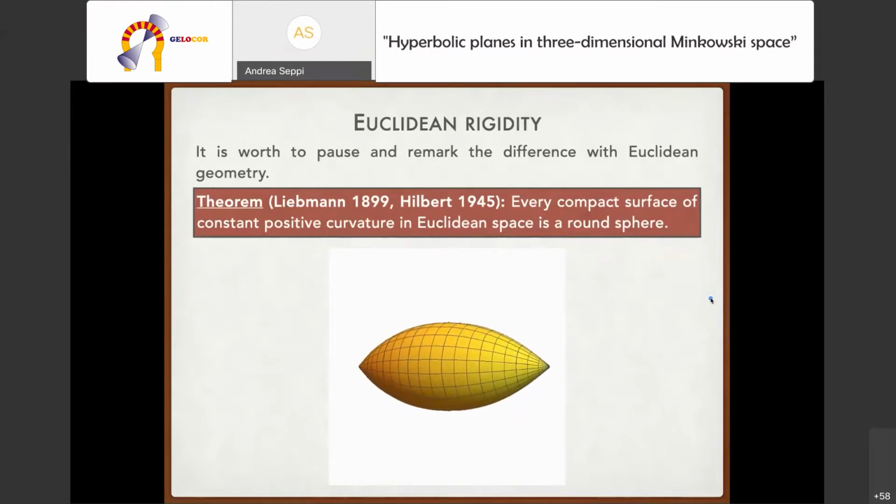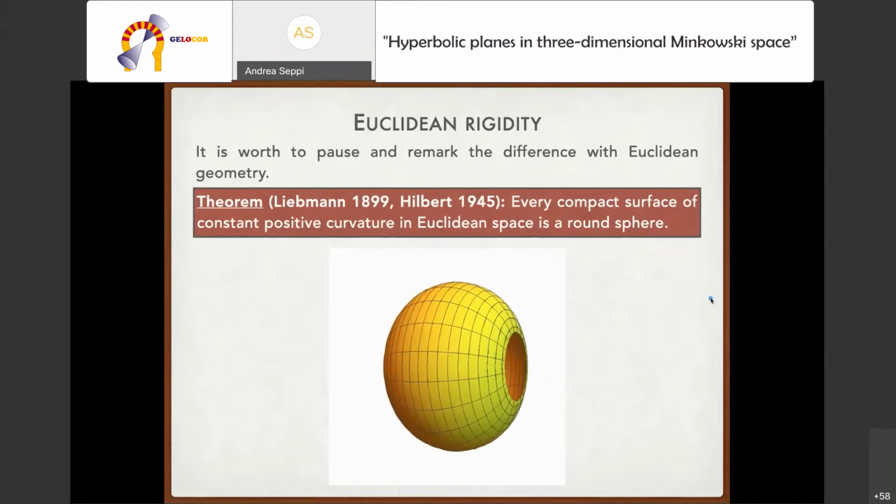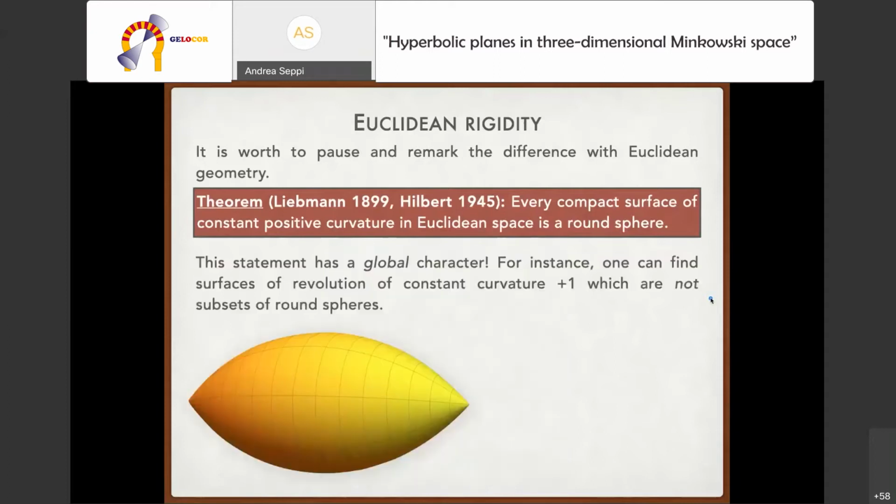In the middle of this movie you see the sphere, and then these are other surfaces. Basically, this is to say that you can produce some local deformations, for instance this lemon-shaped surface. It's pictured in yellow, not because it's a lemon, but because it's not a hyperbolic plane in Minkowski space, so it's not red like the other ones. This is yellow because it's something else.